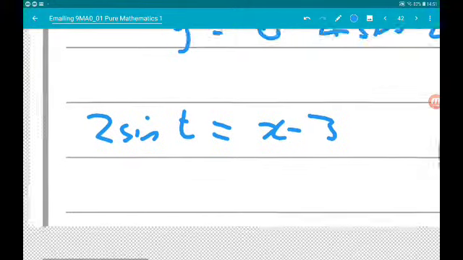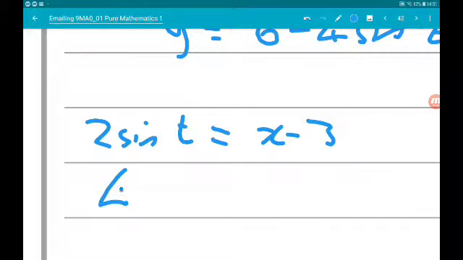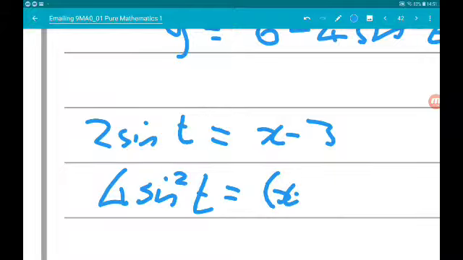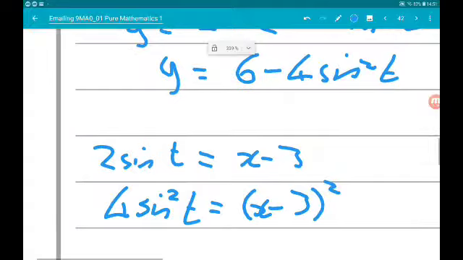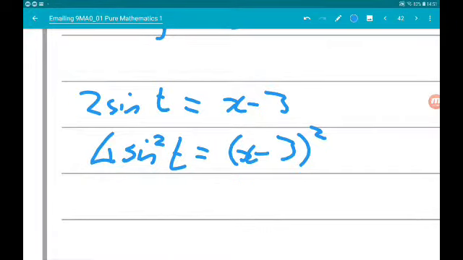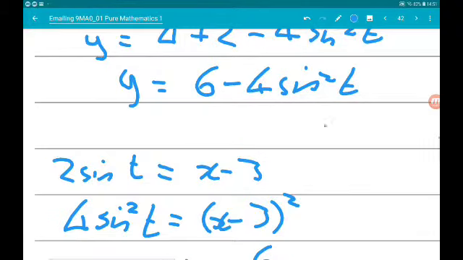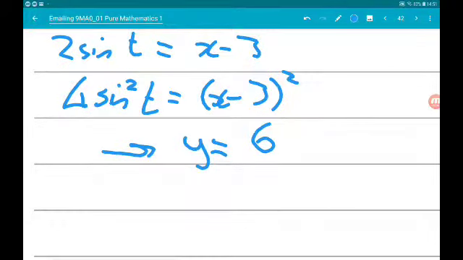If we square both sides, we get 4 sine squared t is equal to (x minus 3) squared. And therefore, y is equal to 6 minus (x minus 3) all squared. Cool.